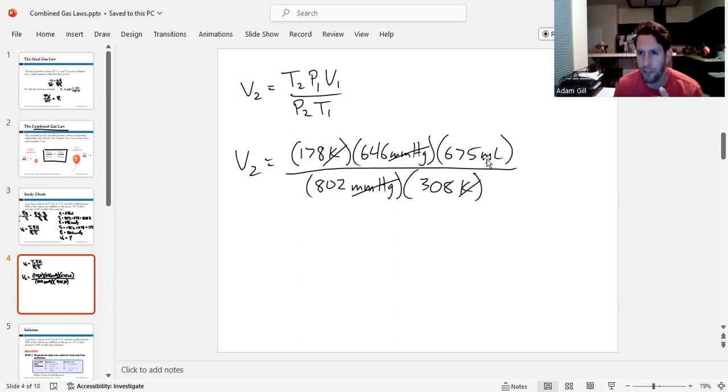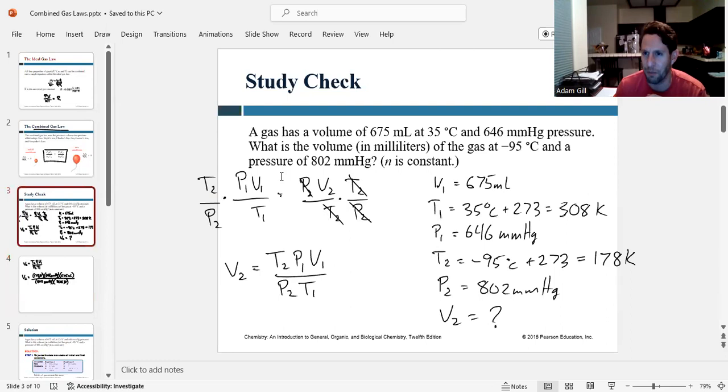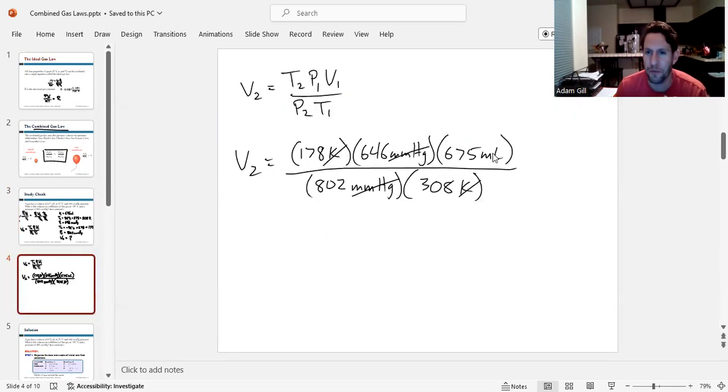Now, whenever you're solving these, if you cancel your units and you end up with a unit that doesn't match the variable, you did your algebra wrong. So that's a quick check before you plug it into the calculator. If you end up with, like, Kelvin, but you're solving for volume, something was wrong and you go back and double check your algebra. So we ended up with milliliters, which is a unit of volume, so we know we did the algebra right.